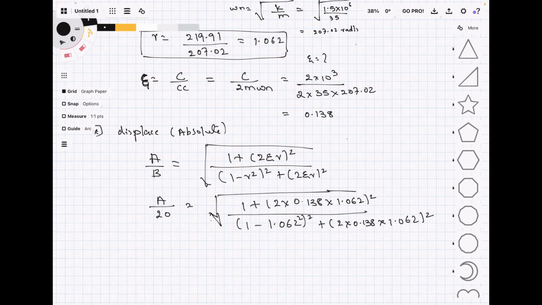So if you solve this, you will be getting the value of amplitude as 65.17 mm.